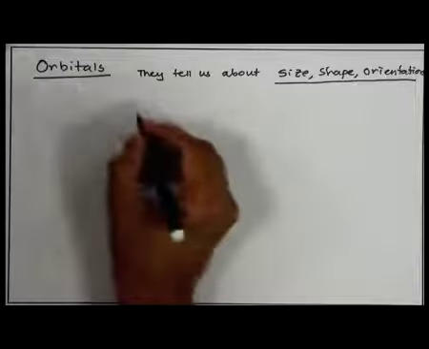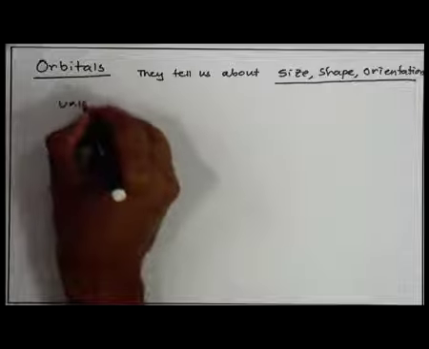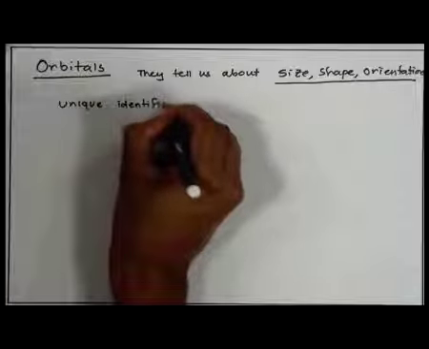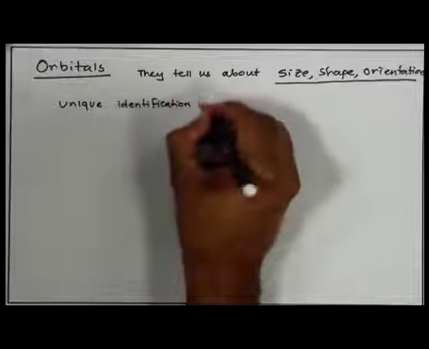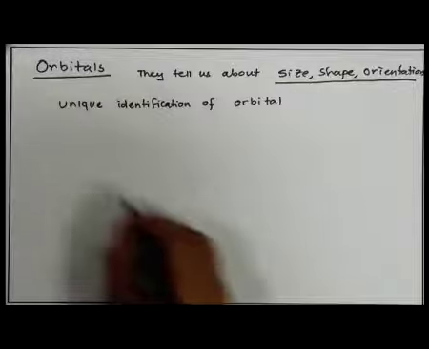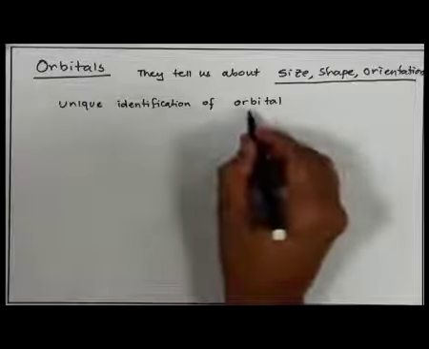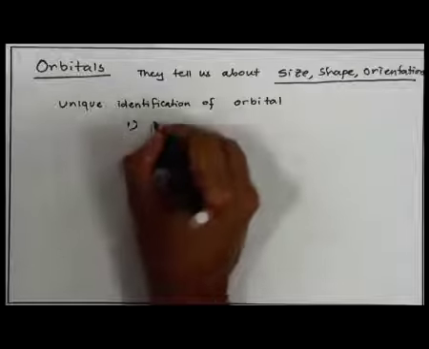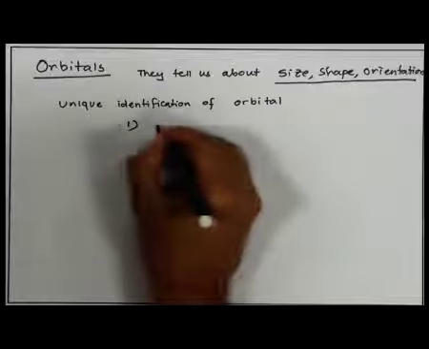So, the next target is the unique identification of an orbital. How do I do that? To be able to uniquely identify an orbital, I require 4 sets of information. These are called quantum numbers.